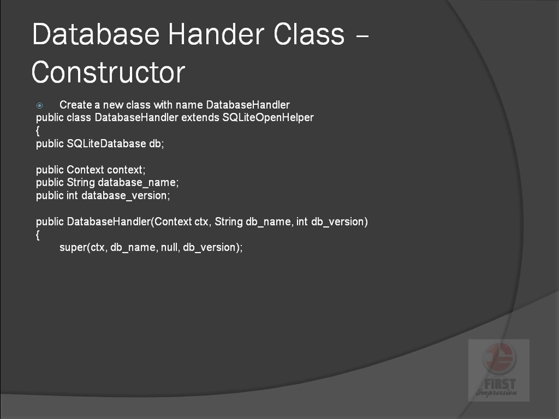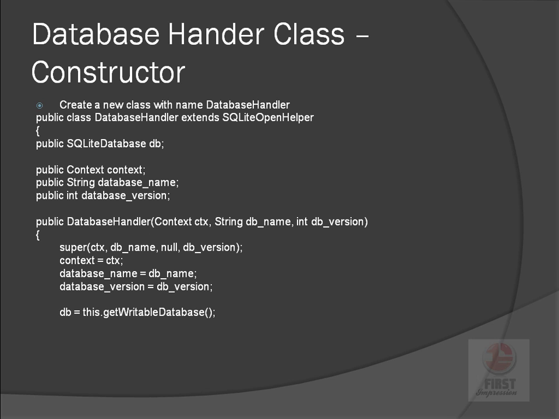So we'll say context equals ctx, database name equals db name, and database version equals db version. Then we will say db equals this dot get writable database. This statement is very essential, because it will get a database from this application on which we can read or write.